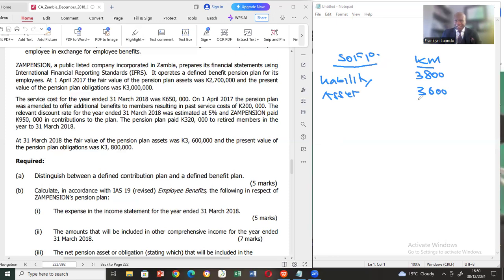So there is a net pension liability. Net pension liability to be reported in the statement of financial position under non-current liabilities.